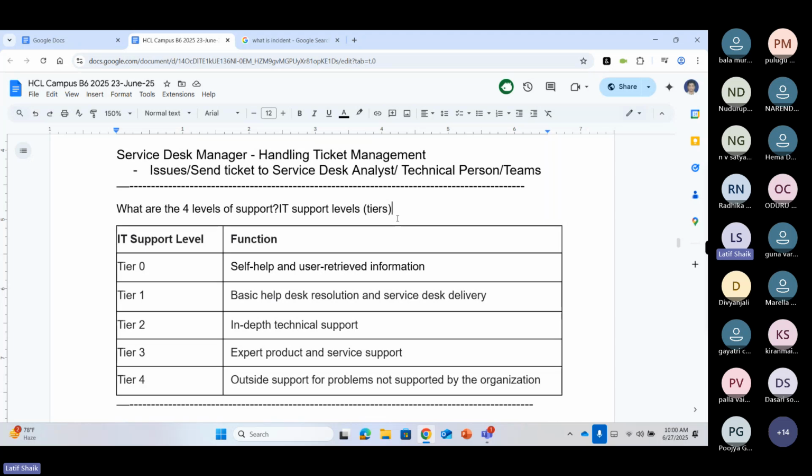So it is like a consultant working with one or multiple organizations.